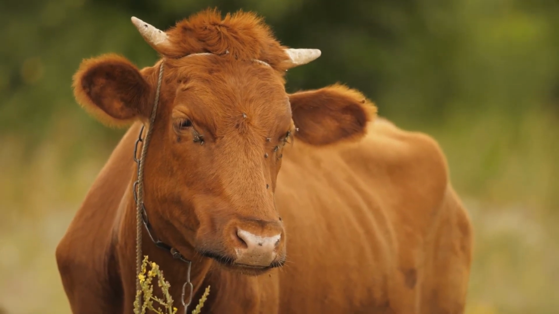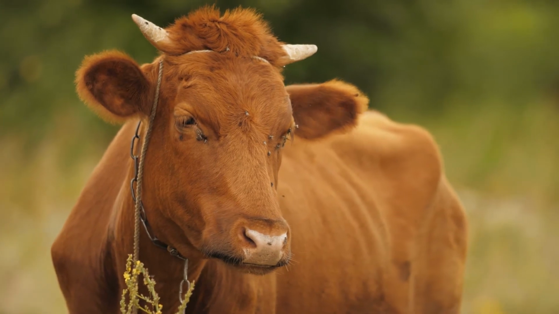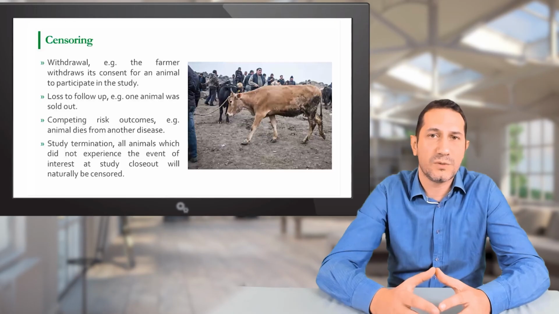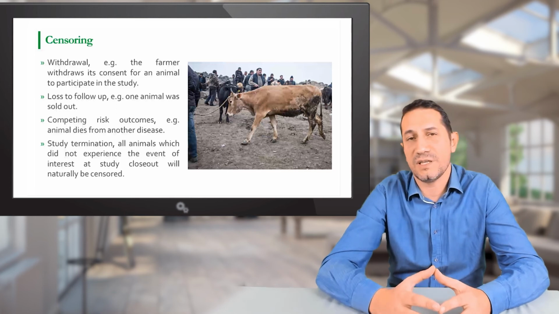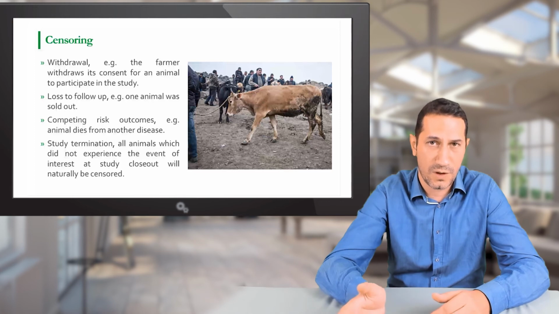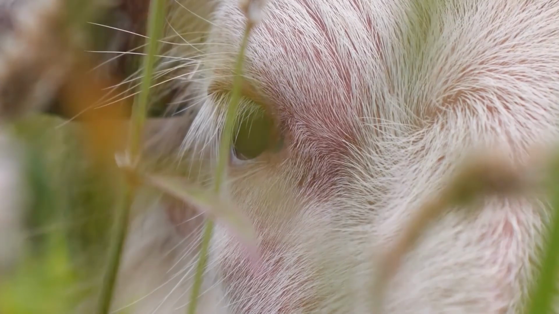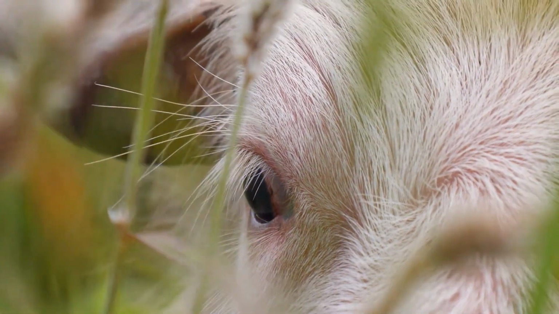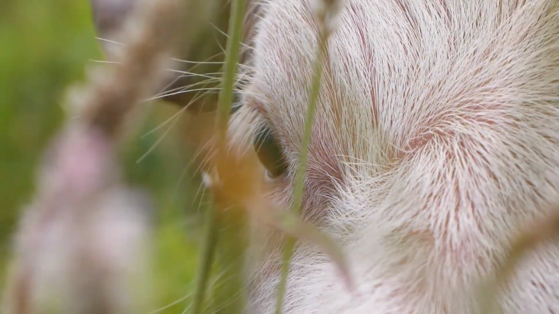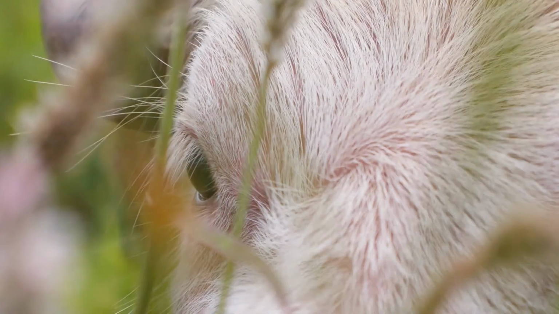And so the reasons for censoring basically could be a withdrawal. For example, the farmer would say, no, we won't follow this animal anymore, and so he's withdrawing his consent to follow up the study with that animal. But we could lose the follow-up because the animal, as in this case, is sold out in the market, so we lost the follow-up.